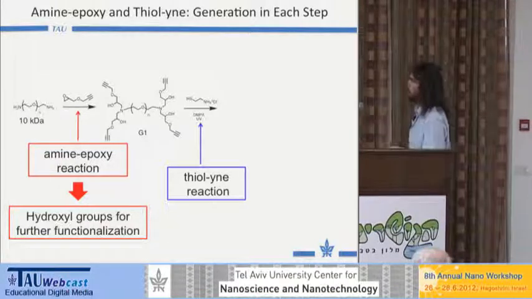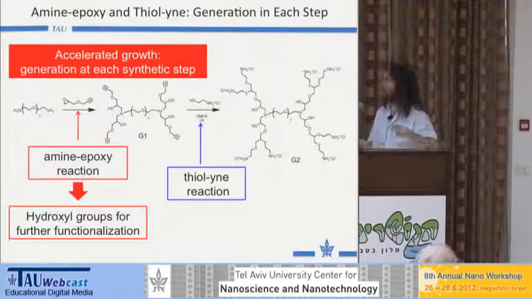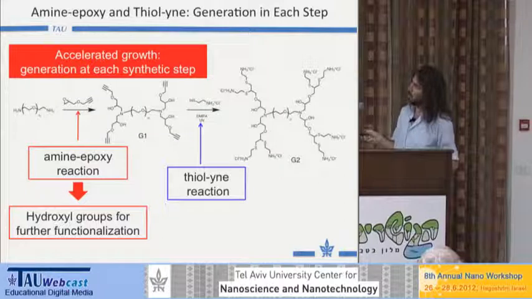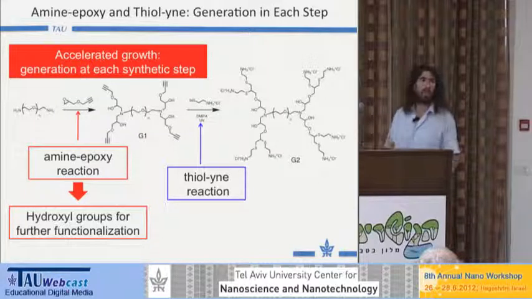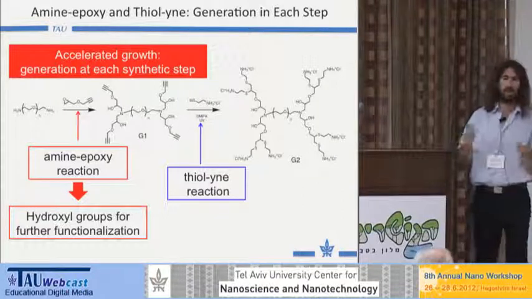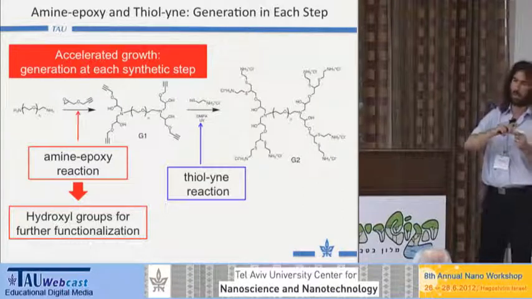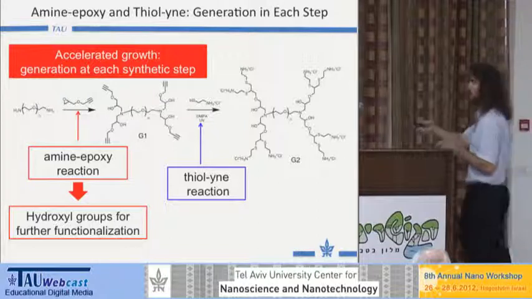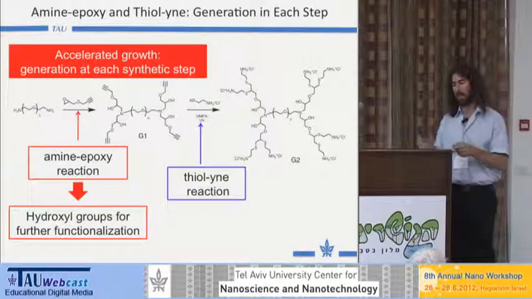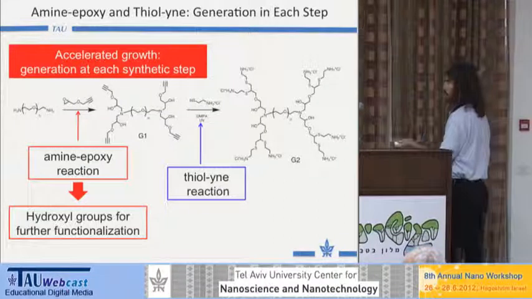And we managed to get, in 2 reactions, a second generation. And as our reaction conditions are orthogonal, we don't need what's very common in dendrimer synthesis, where you need to do a deactivation or a deprotection or activation in each second step. Here we're growing a generation in each step. So in terms of step efficiency, we're very efficient.